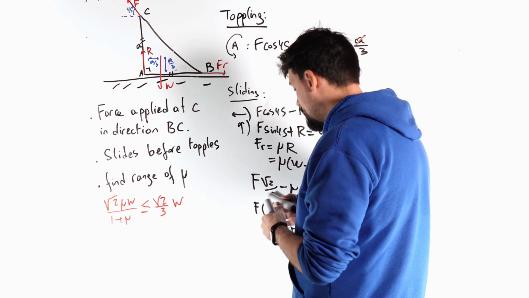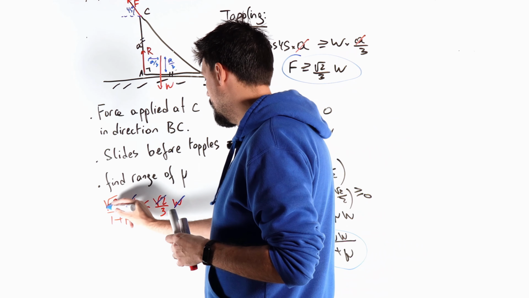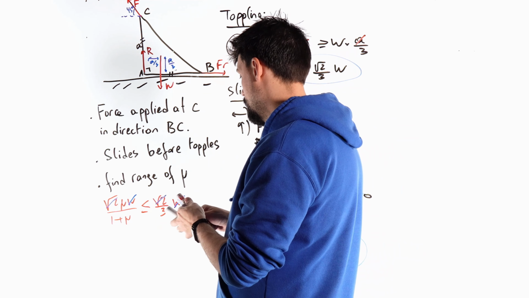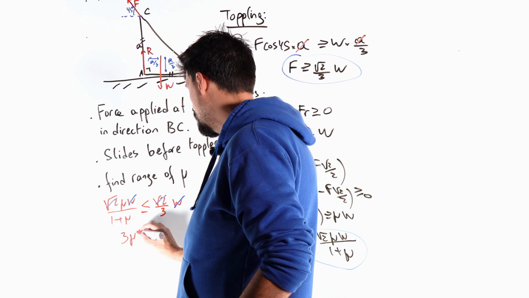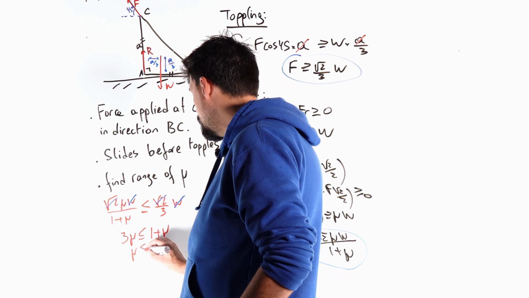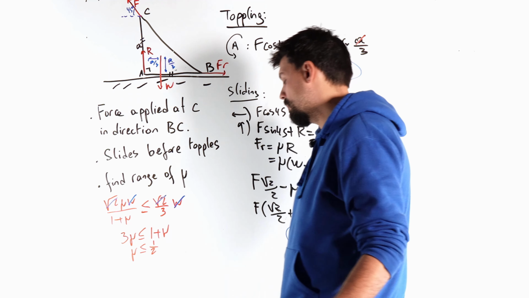Now, what's quite nice here is that the W's cancel out. The root 2's cancel out, in fact. Three mu is less than or equal to 1 plus mu, which tells me that mu is less than or equal to a half.